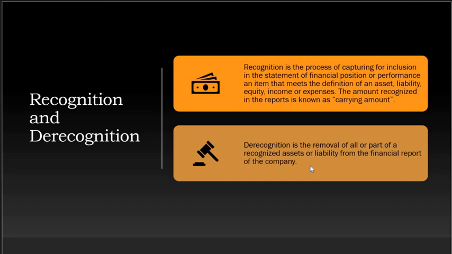So you have to derecognize it, remove it from your records. Again, these concepts of recognition and derecognition are important in adjusting entries. Later, we will know that in your adjusting entries, there are items that you have to recognize and also items that you have to derecognize.